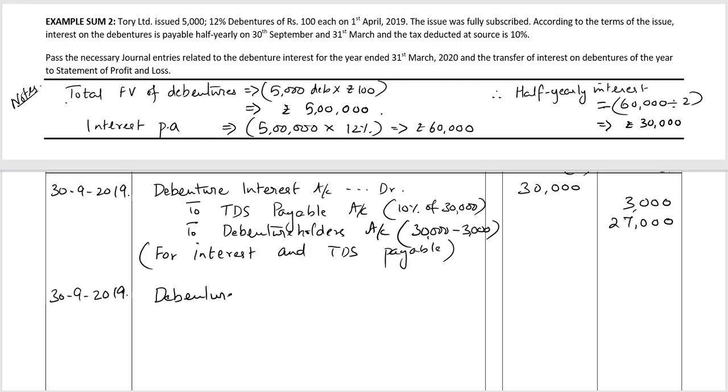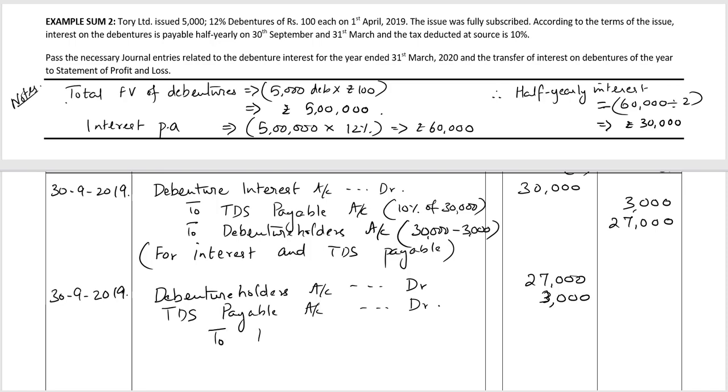Debenture holders account debit, the amount paid 27,000 rupees. TDS payable account debit, the amount of TDS 3,000 rupees to bank account. Total outflow of cash 30,000 rupees.